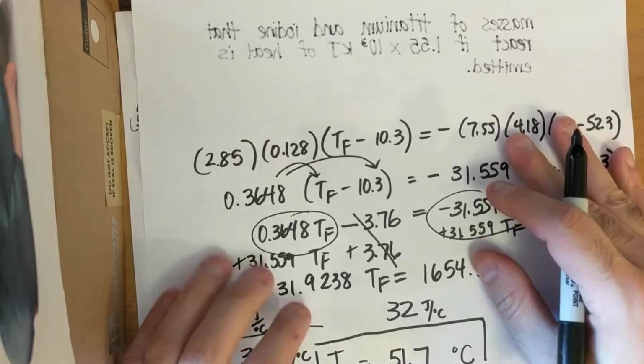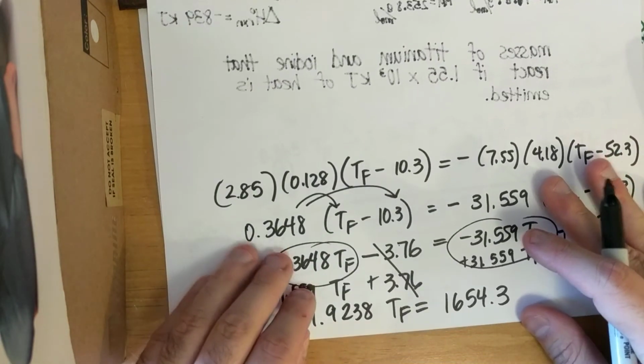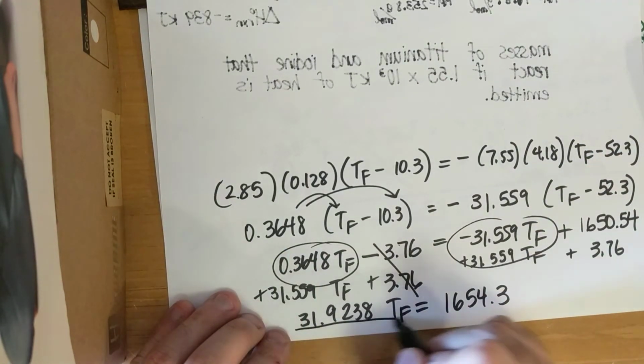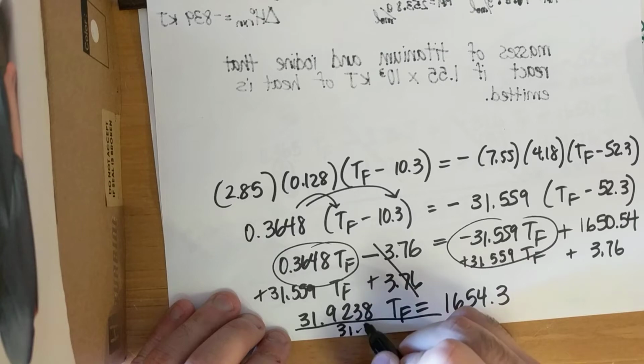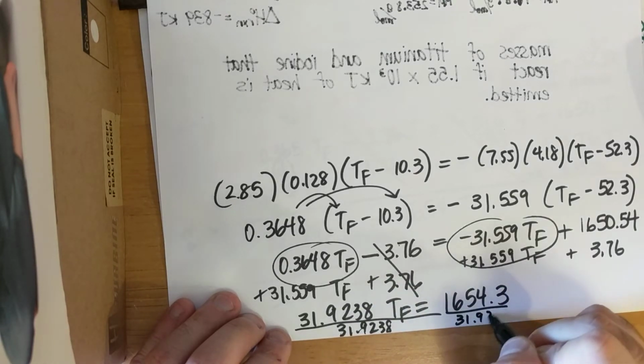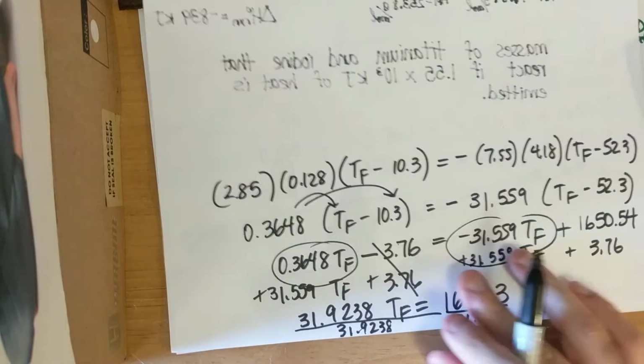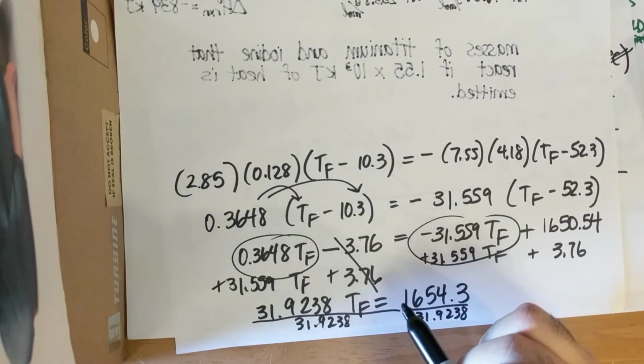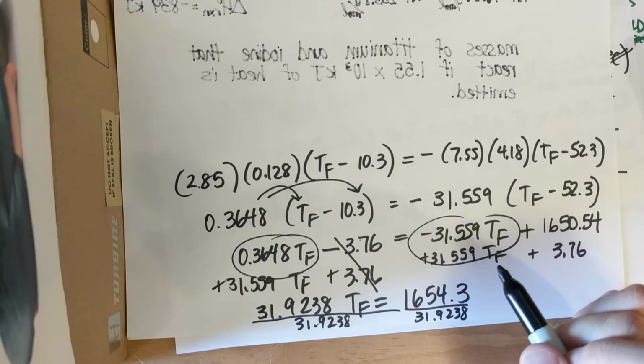Then algebraically, to solve for TF, I would just divide both sides by 31.9238. I'm just doing this a quick way, how you may do it without units.